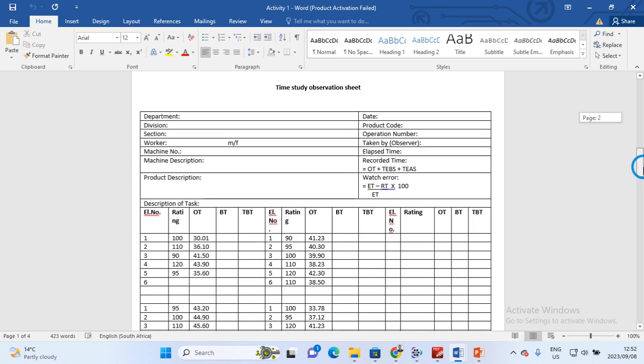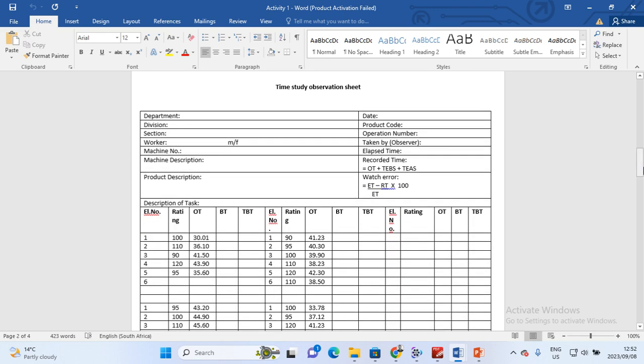This is the question and this is our first form, the time study form. We have our elements number 1 to 6. We have our ratings and we have our observed time. We have our basic time and we have our total basic time. In this activity, we are given the ratings.